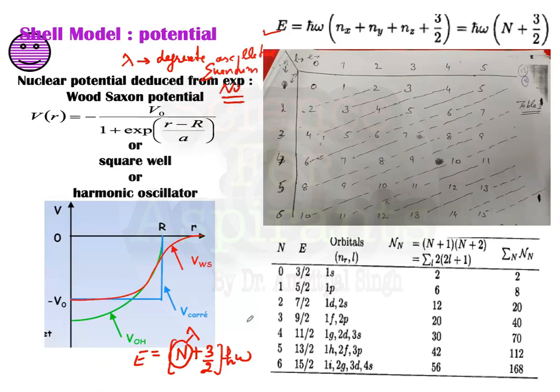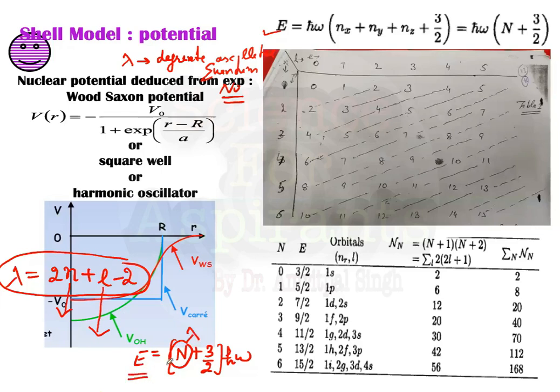It depends on 2n plus L minus 2, so it depends on the principal quantum number n and on the azimuthal quantum number L. Based on these values they found the degenerate quantum number, and based on it they found the different energy states for the nucleons within the shell model.